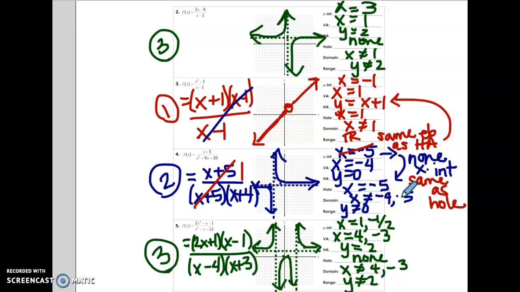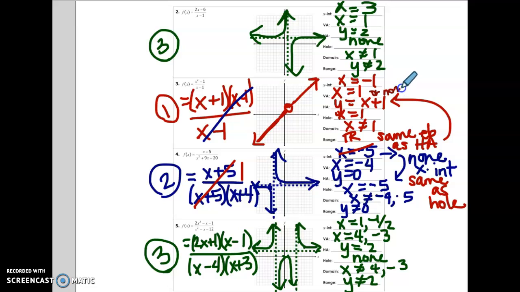Okay. Number 3, we do have an x-intercept, and then we have a hole at x equals 1. So you could technically say that x equals 1 is a vertical asymptote, or you could just say none here as well. Okay. So go through these, take a look, make sure they make sense.